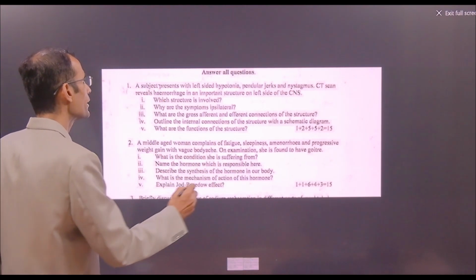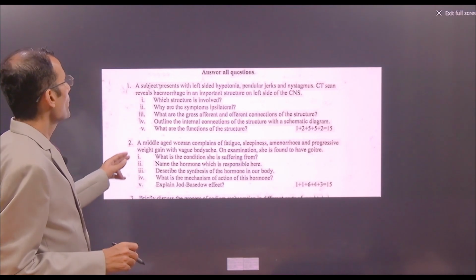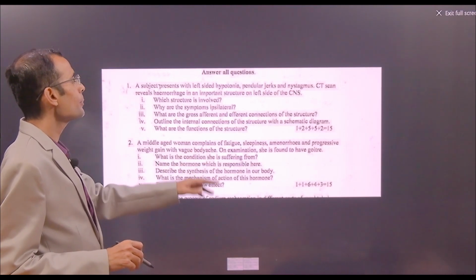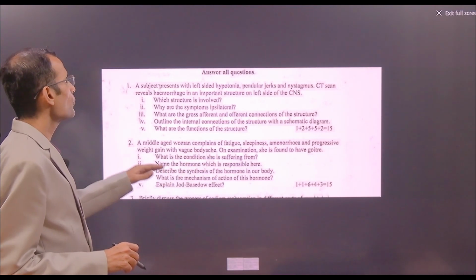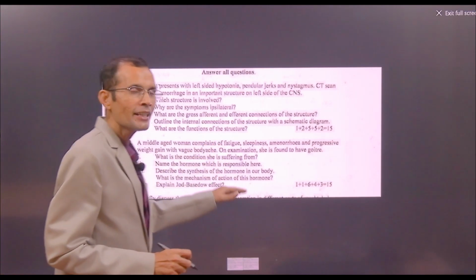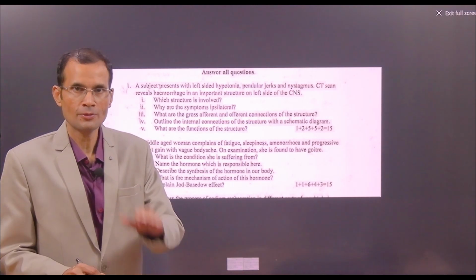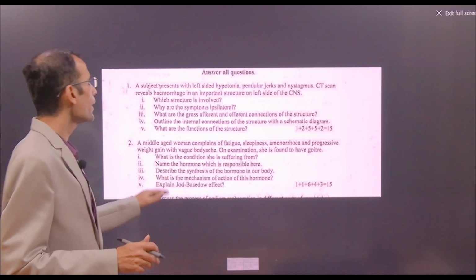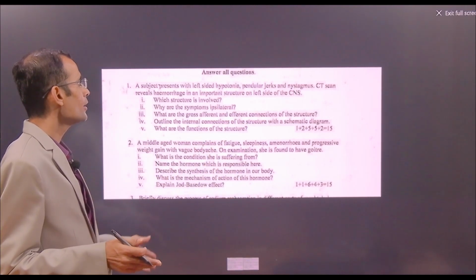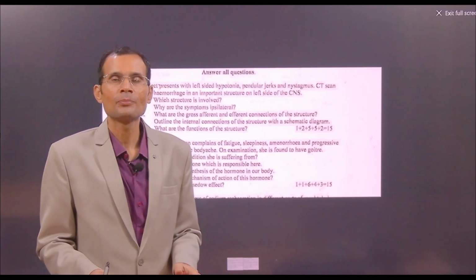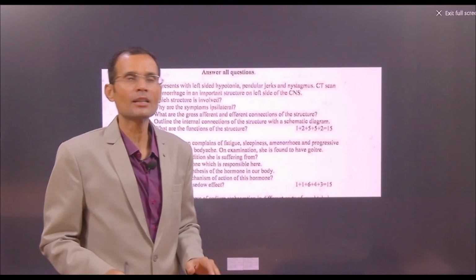And then circuit. Then second case was middle-aged woman complaints of fatigue, sleepiness, amenorrhea, and progressive weight gain. Fatigue, sleepiness, excessive sleepiness, somnolence, and progressive weight gain. On examination, she is found to have goiter. So they have given the diagnosis themselves.